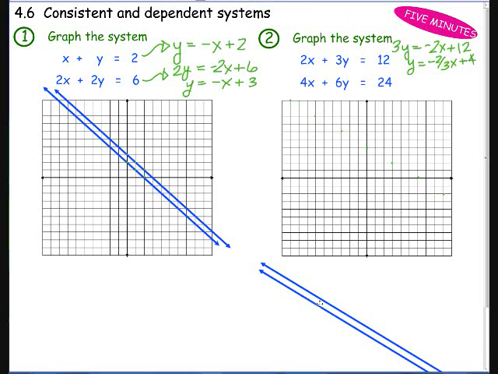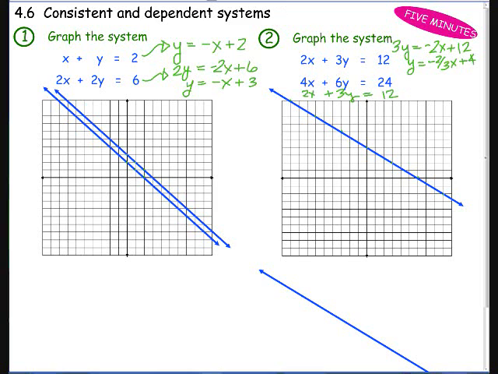Let me pull a line in to fit those points. Right about there, eh? Now, the second one. You probably see it. I know I do. But there really is no difference between these lines. Let me prove it to you quickly. If I divide everything here by 2, I get 2x plus 3y equals 12.